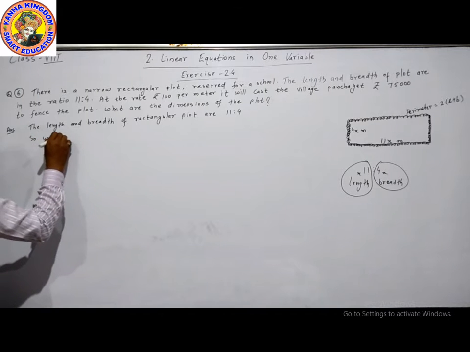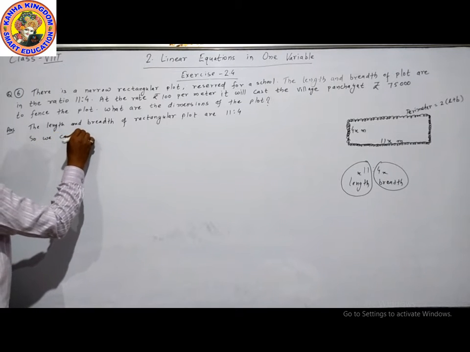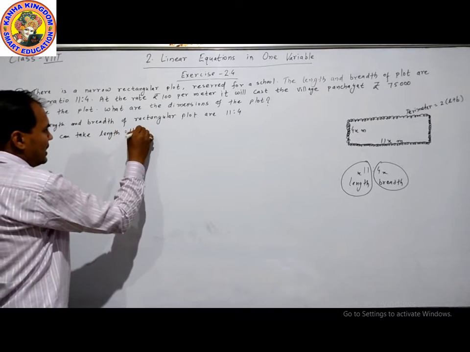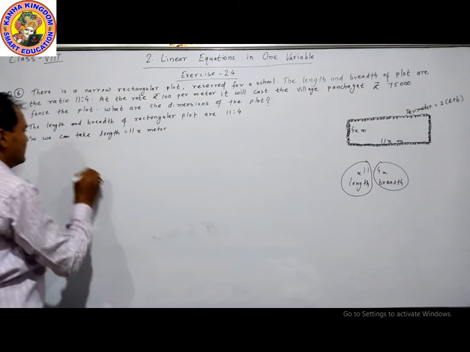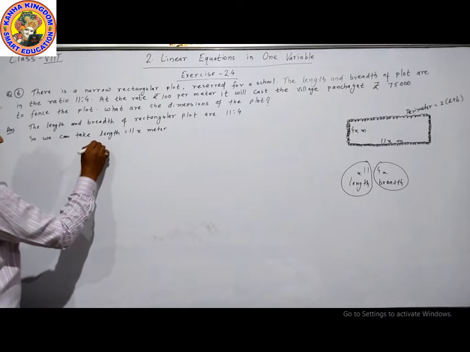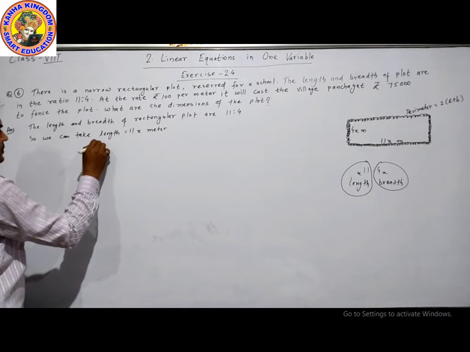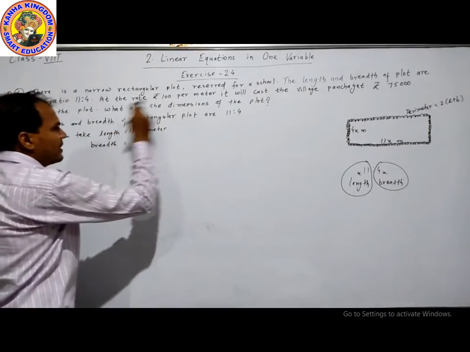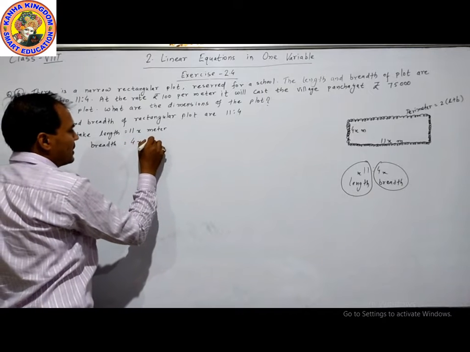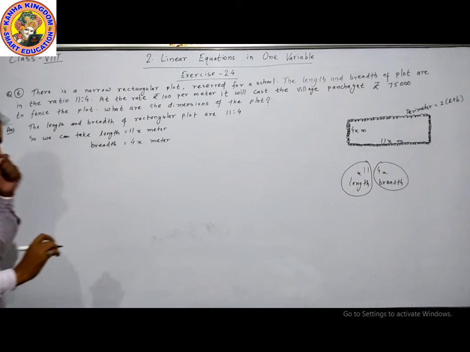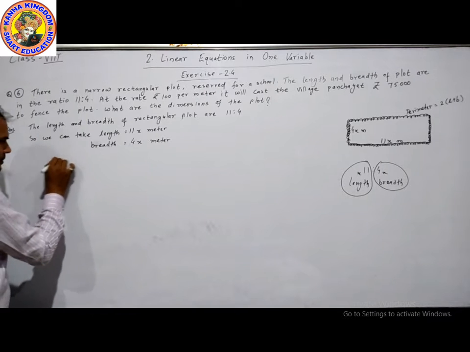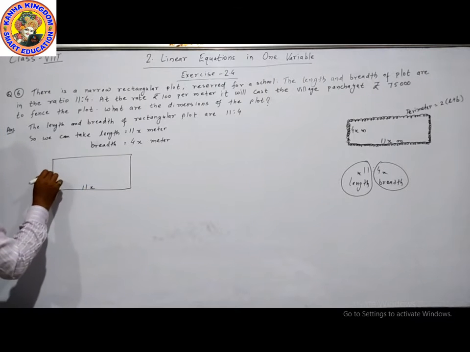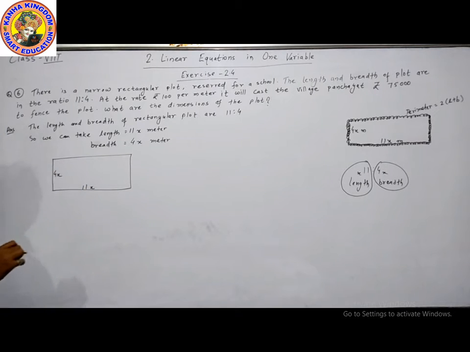So we can take length is equal to 11x meter, breadth is 4x meter. So the diagram of this is 11x and this is 4x.